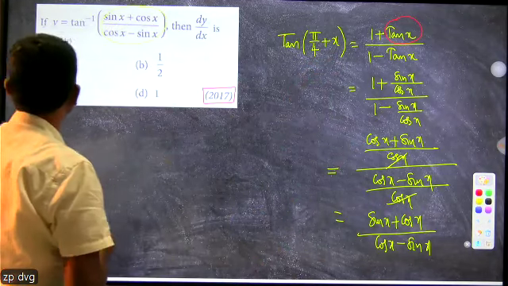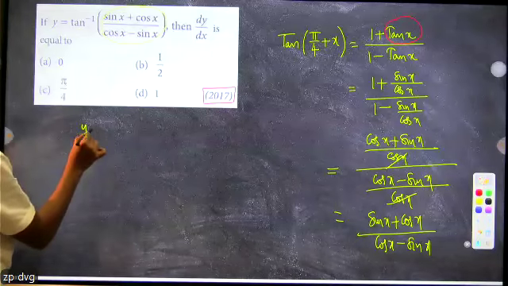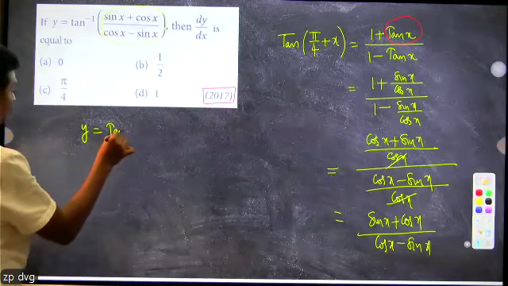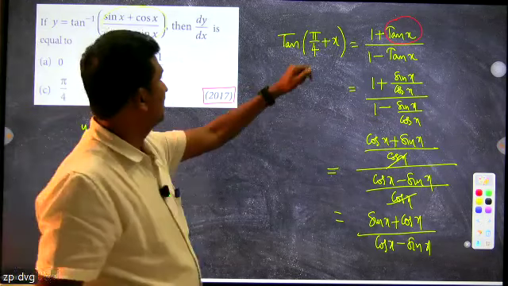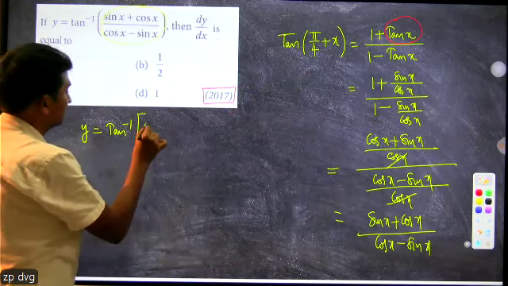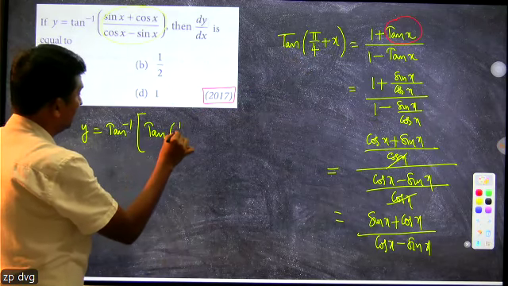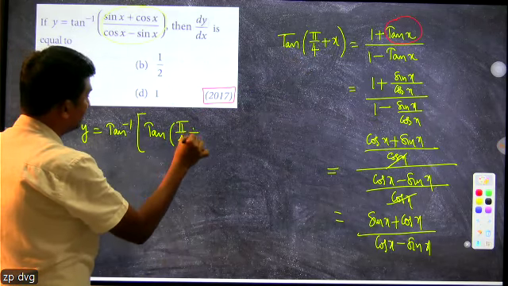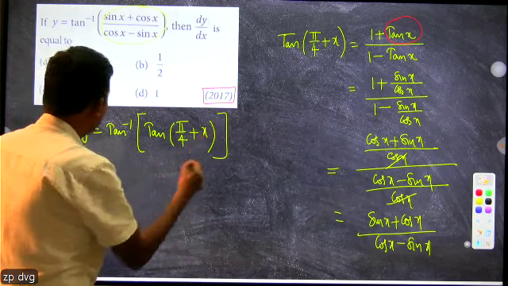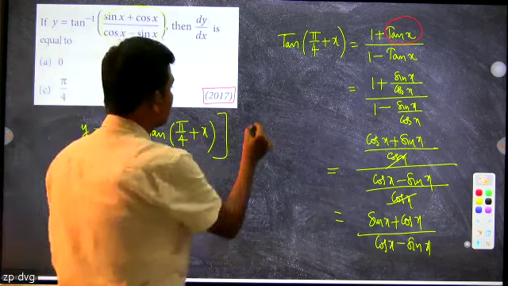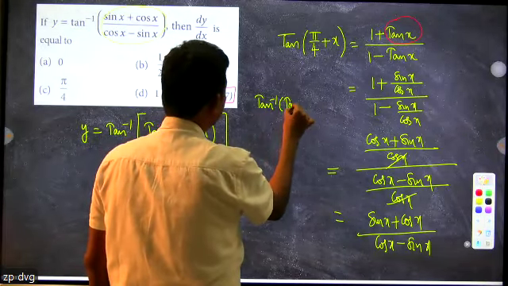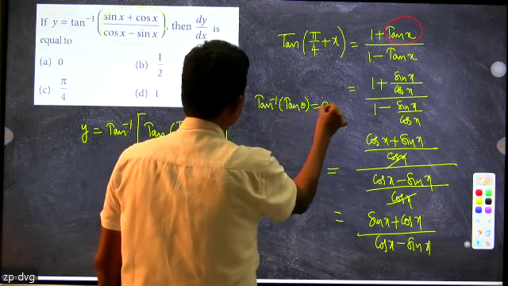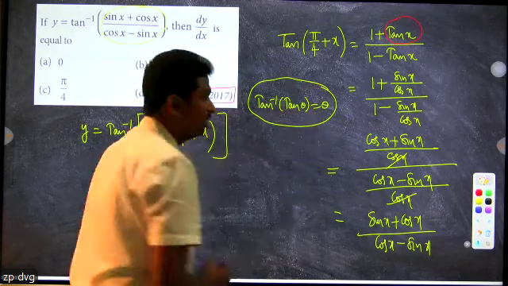So here you see sin x plus cos x divided by cos x minus sin x is there. What this can be written as, I'll write here, y equal to tan inverse of whatever they gave here, that can be written as tan pi by 4 plus x. Now you know in the inverse trigonometric functions chapter, you learn this formula, tan inverse of tan theta is theta, right?